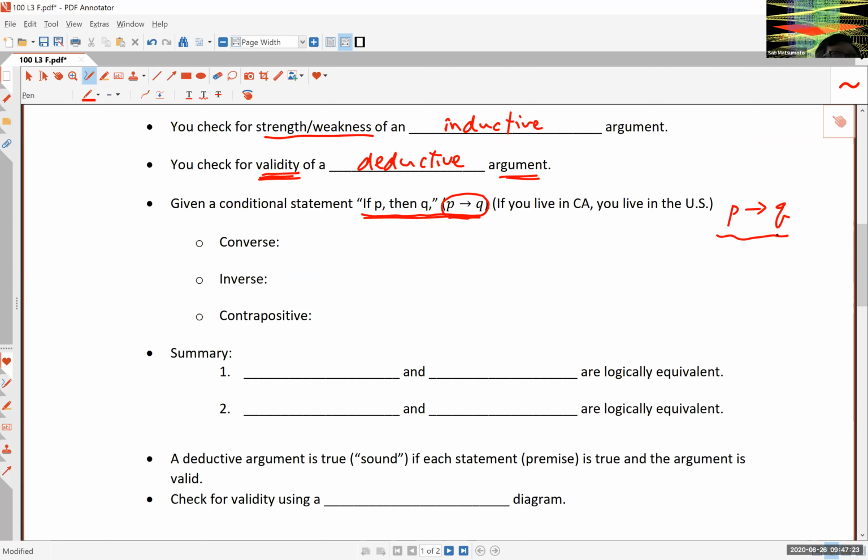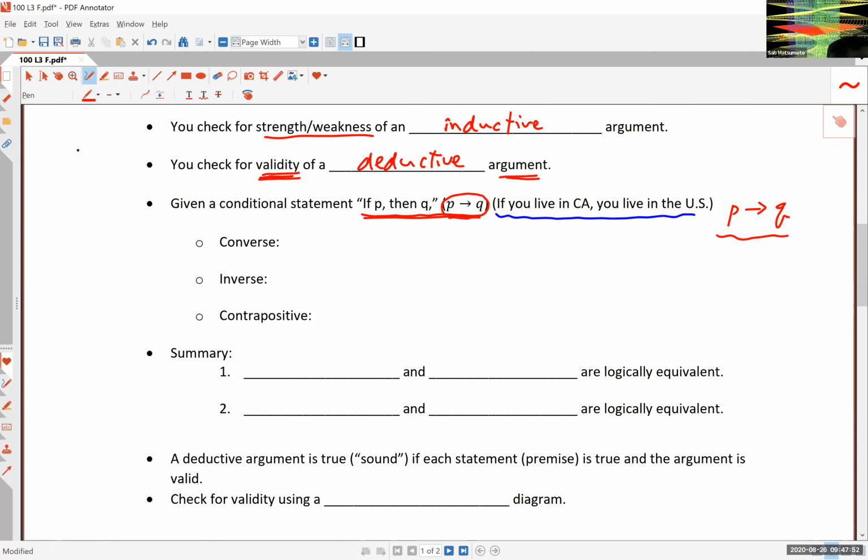Now, because I don't want to say everything in abstract, it's much easier to understand this in the context of an example. So here's my example. Now, I think this is a great example. You want to keep this example in mind. If you live in California, you live in the United States, okay? Now, this happens to be a true conditional statement, mainly because California is one of the United States, at least for now, right?